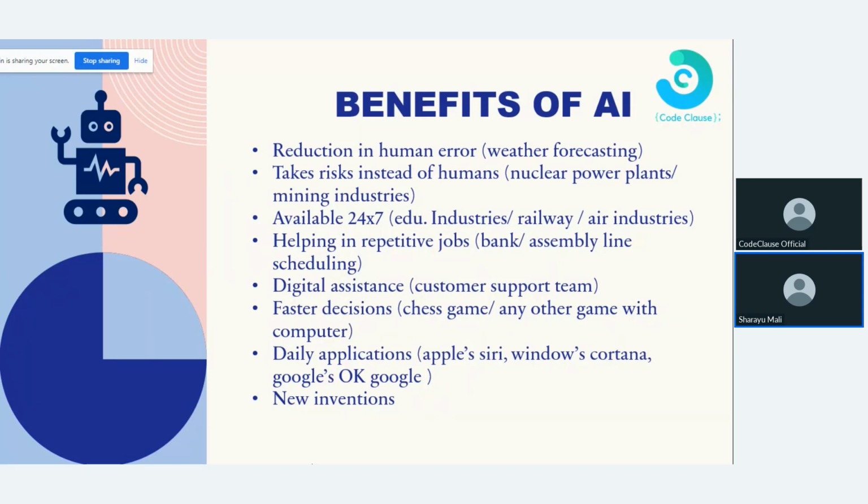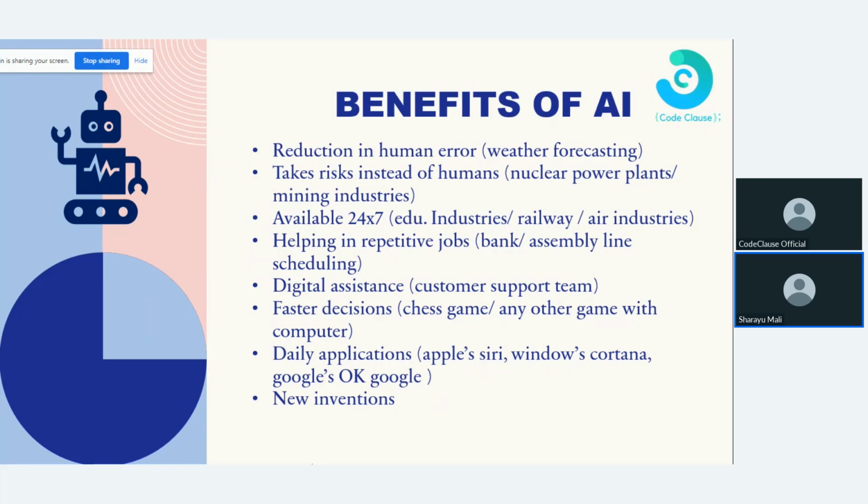It is available 24 by 7. For example, as we have seen, chatbots are available 24 by 7, as opposed to having to use support staff. So instead of that, we can use chatbots that are available 24 by 7.